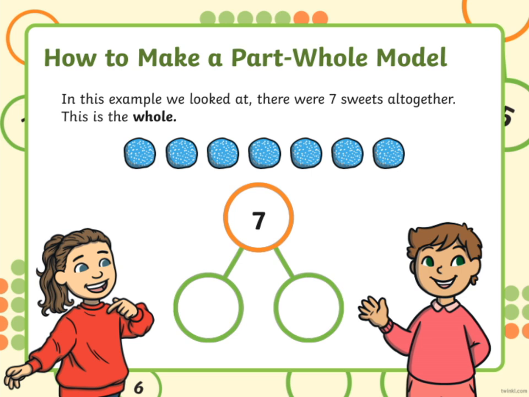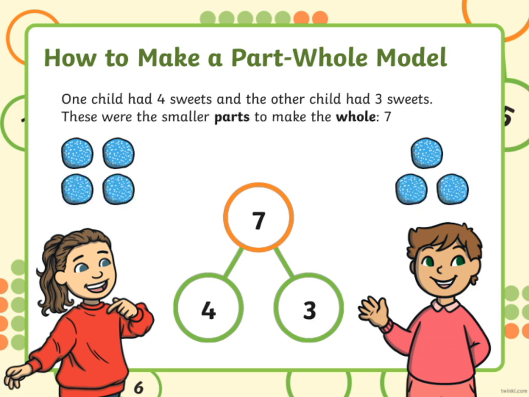This approach is really useful when we're trying to break down complex information into simpler, more manageable pieces. So, in this example, the 7 sweets are the whole, and any parts we might divide or analyze are smaller groups within that total. This method helps us visualize and understand the structure of the data or problem we're working with.